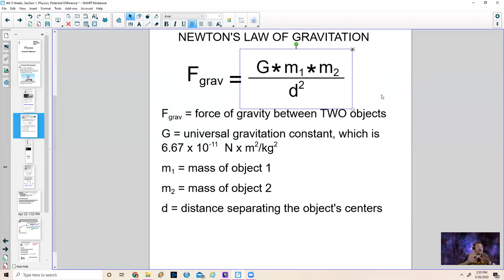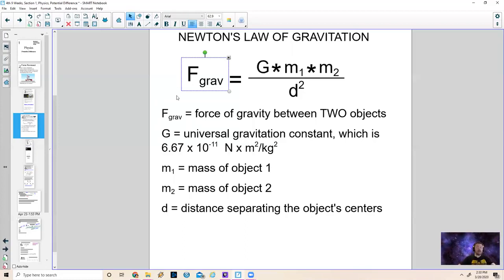But you can probably kind of see what's going to happen when we use Newton's law of gravitation, because you've already seen this in the animation. If I have two objects here with a certain distance between them, they're going to produce a certain force. Well, what happened when I kept the objects the same distance from each other, but I reduced the mass of one of those objects?